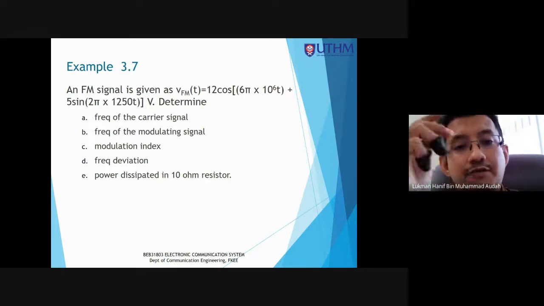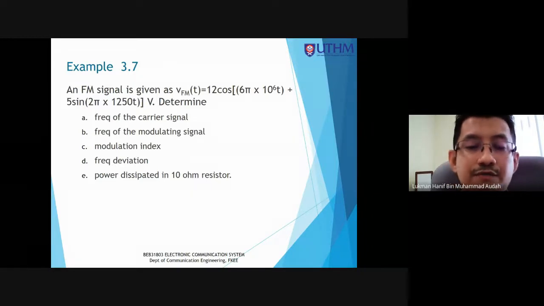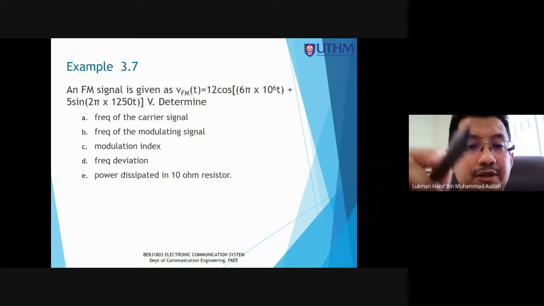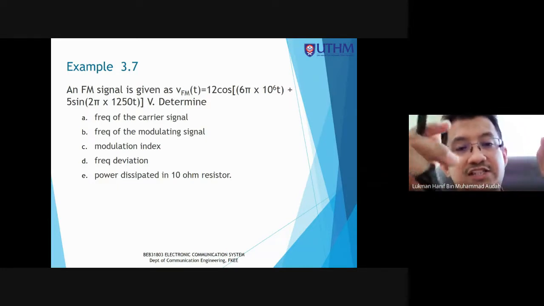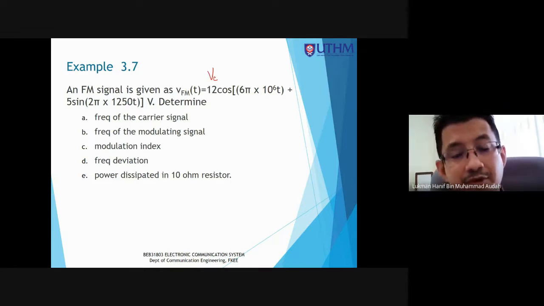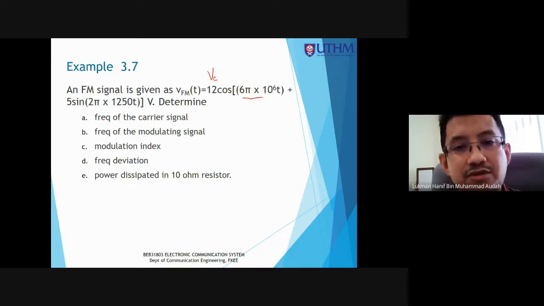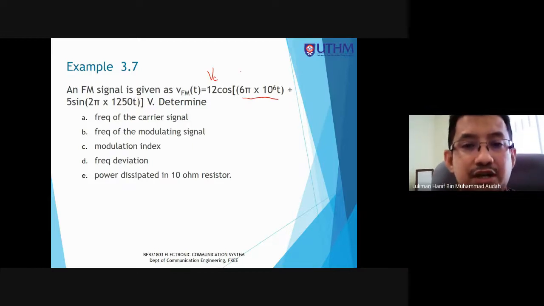Okay, if you are given this kind of question, straight away you convert to the main parameters. For example, from this equation, I can extract straight away the value of VC. This is VC actually. And we can get the carrier frequency from here.